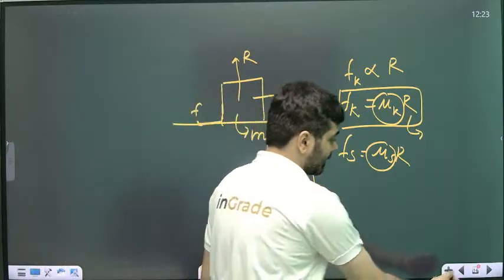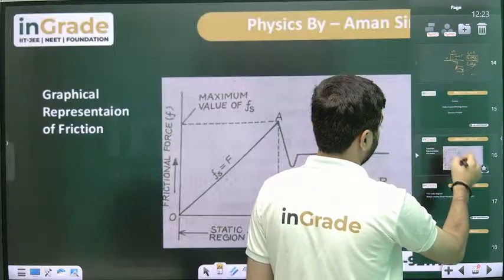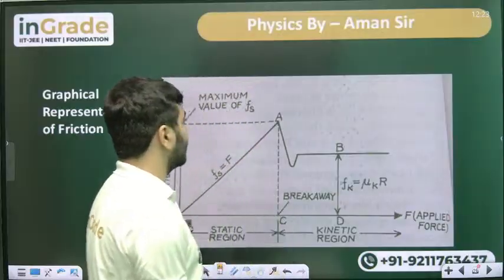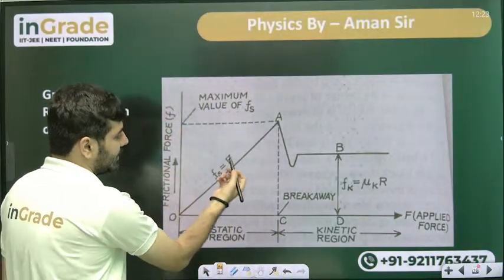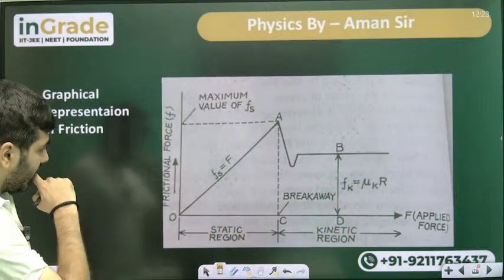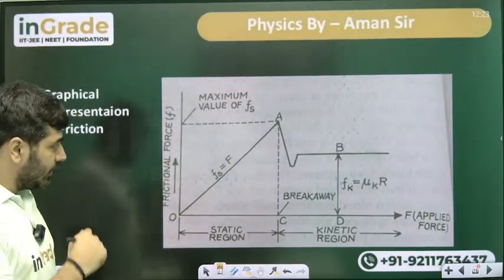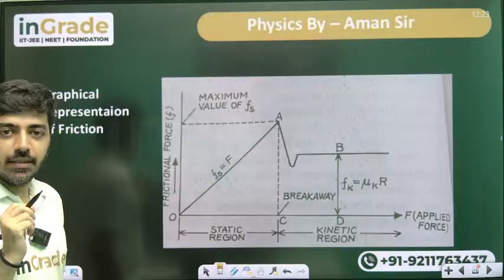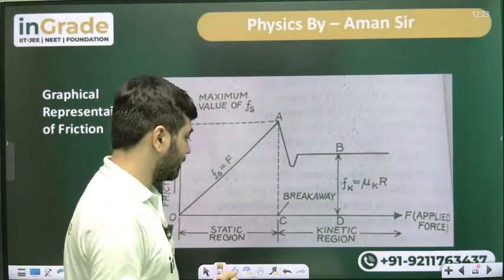Now this topic is studied with the graph. Suppose we have a graph like this. The static friction and we have a kinetic friction. Okay. If we are applying any force on a body, it will not move till the external force is greater than the static friction.